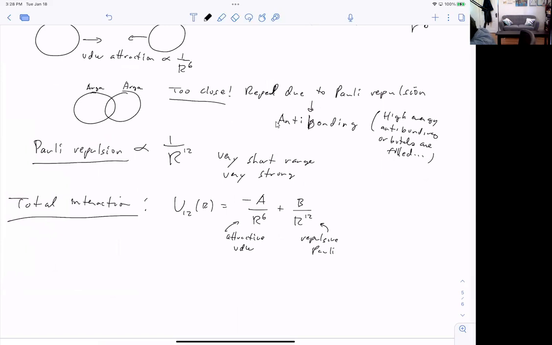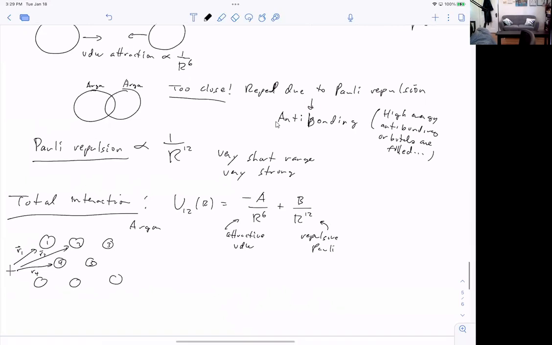And so if I have a crystal of argon, where I have a bunch of argon atoms, let's say argon 1, 2, 3, 4, 5, and I have some origin, and they're all located at these vectors R1, R2, R4, then I can add up the energy.